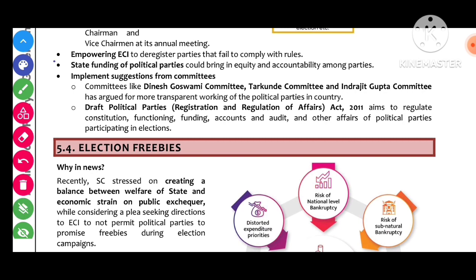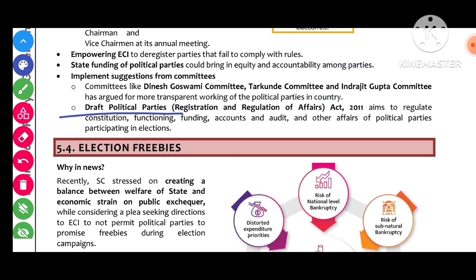And empowering the Election Commission of India to deregister parties that fail to comply with rules, and state funding of political parties could bring in equity and accountability among parties, and implement suggestions from committees such as the Dinesh Goswami Committee, Tarkunde Committee and Indrajit Gupta Committee. So these are three committees you can remember definitely.